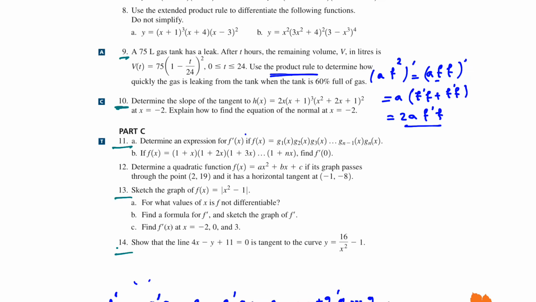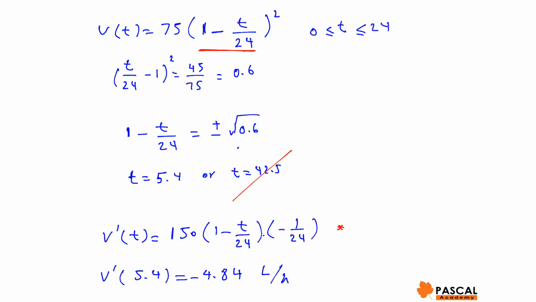We are looking for the rate of change of the function at the time that the tank is 60% full of gas. Notice that V at 0 is 75 and V at 24 is 0. V of t equals 60% of 75.